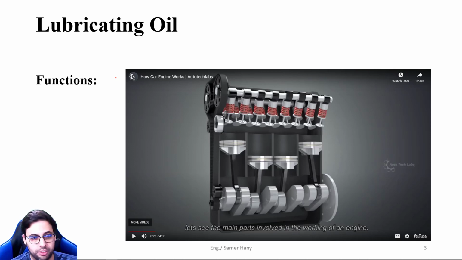Then we need some functions here, and here we need the lubrication. First function would be to reduce the friction. Why do we want to reduce the friction? First off, to reduce the amount of heat produced from that friction. And second important point, to save some mechanical energy going to overcome that friction.